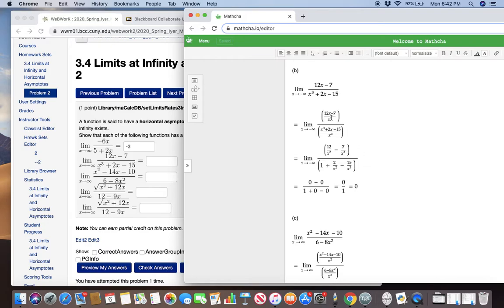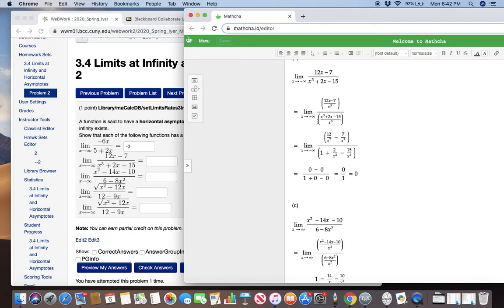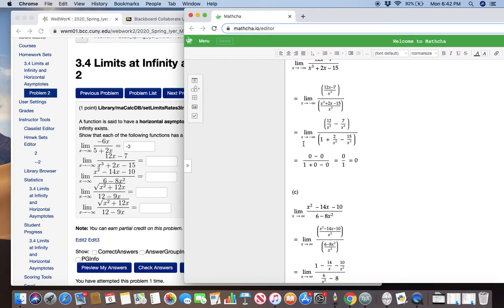Now, division distributes. So you have 12x over x cubed, which is 12 over x squared, and 7 over x cubed. Downstairs, x cubed over x cubed is 1, 2x over x cubed is 2 over x squared, and minus 15 over x cubed. Now let x go to negative infinity.